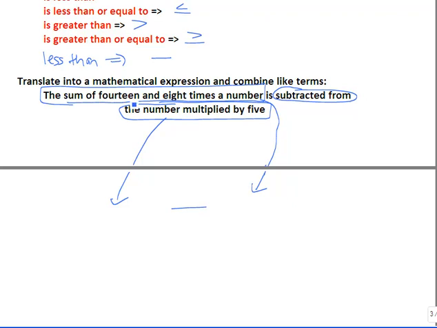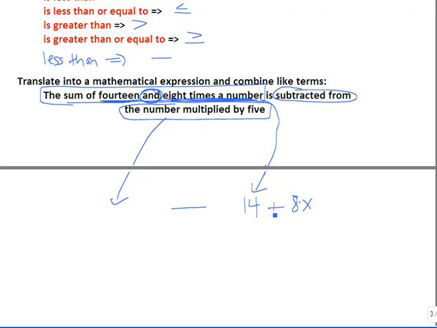So let's start up here in the first box. The sum of 14 and 8 times a number. So sum means addition. And look for that word "and," because that's going to tell you the two things that you're adding. 14 comes before it, so 14 goes in front of the plus. 8 times a number comes after the word "and," and 8 times a number would be 8 times x.